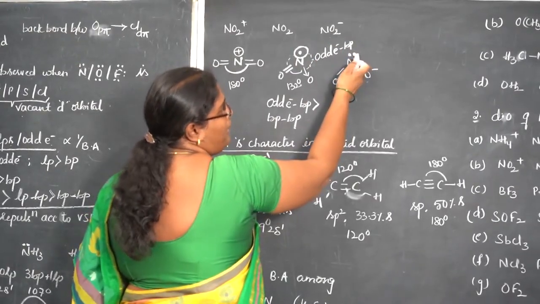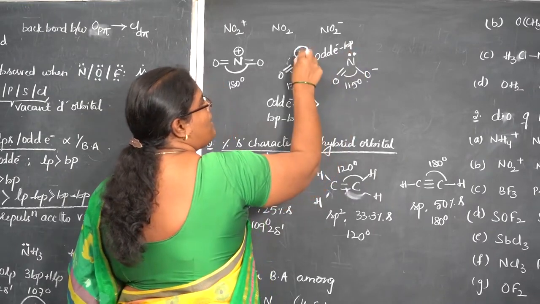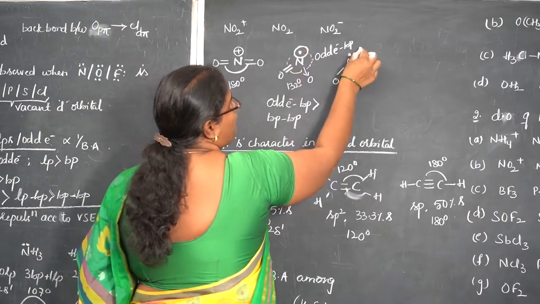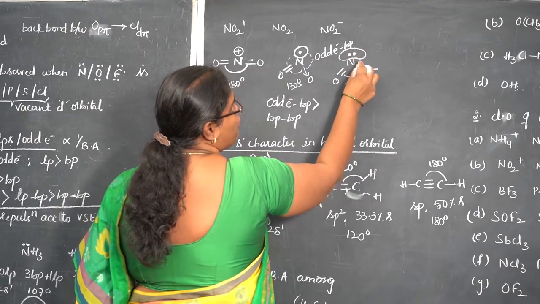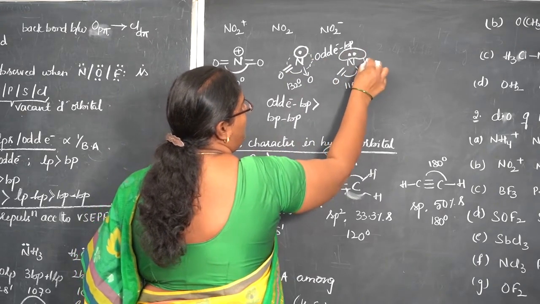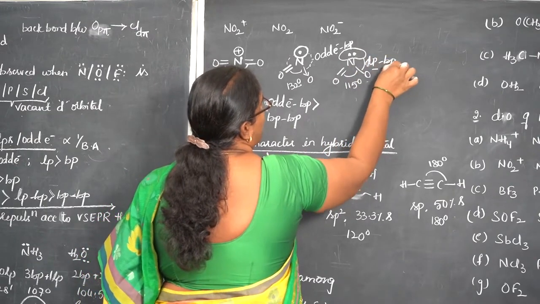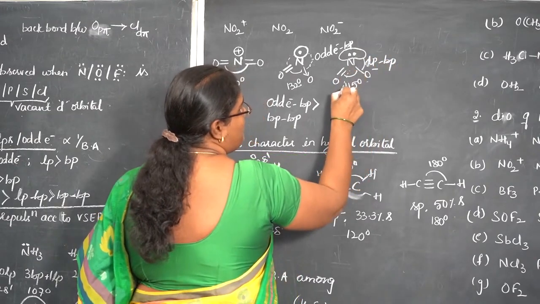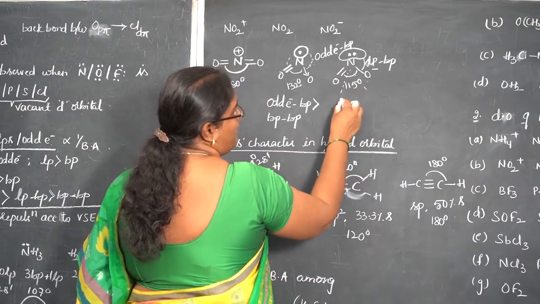Now, when we come to NO2 minus, at the place of the odd electron, we have a lone pair. And a lone pair always produces more repulsions than an odd electron. So this lone pair is producing repulsions on the bonded pairs. Here we have lone pair bond pair repulsions, and to minimize this, the bonded pairs come close and the bond angle decreases.